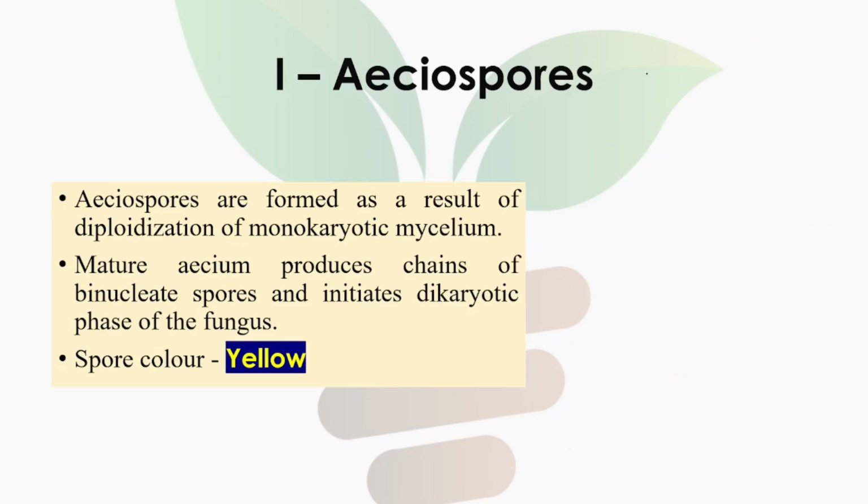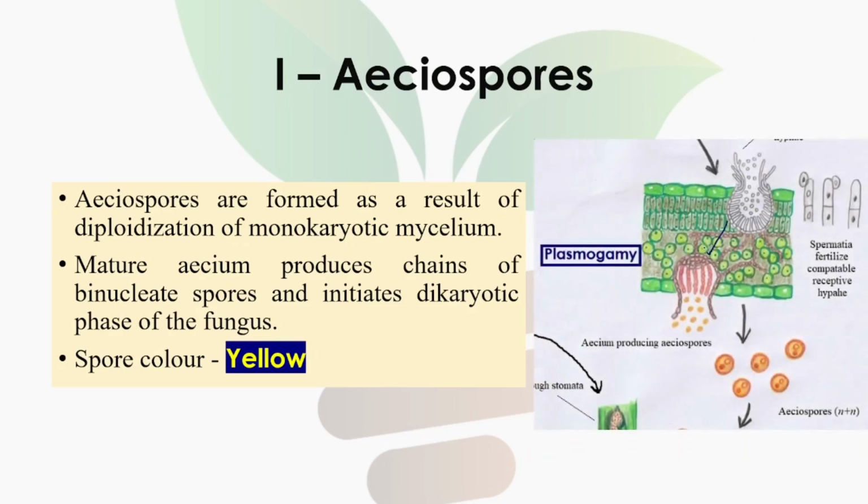The next spore stage is Aciospore, produced on the lower surface of the barberry. Please remember one more thing: pycniospores or spermatiospores are produced on the upper surface of the barberry, while Aciospores are produced on the lower surface. This surface is very important, because the iridial and telial stages are both produced on the upper surface of the wheat. Aciospores are generally produced from the diploidization of monokaryotic mycelium, right?